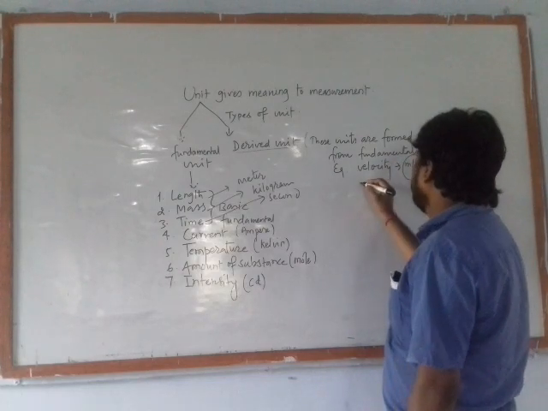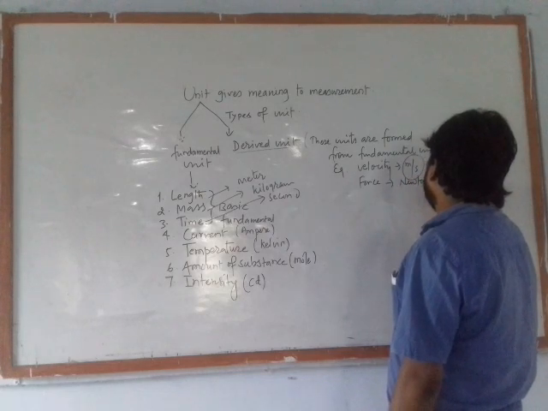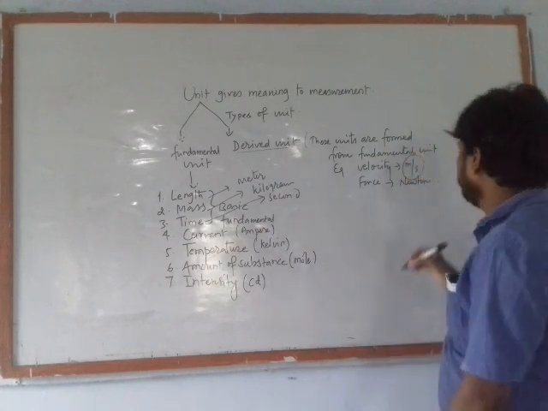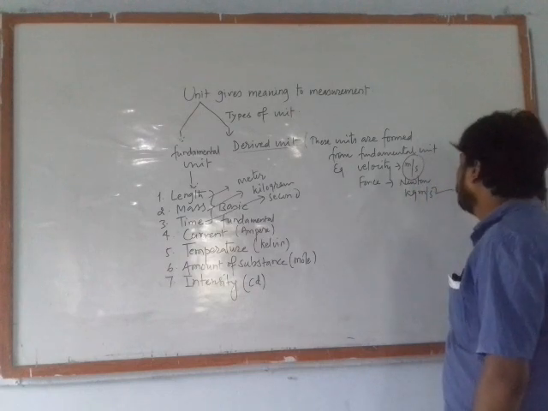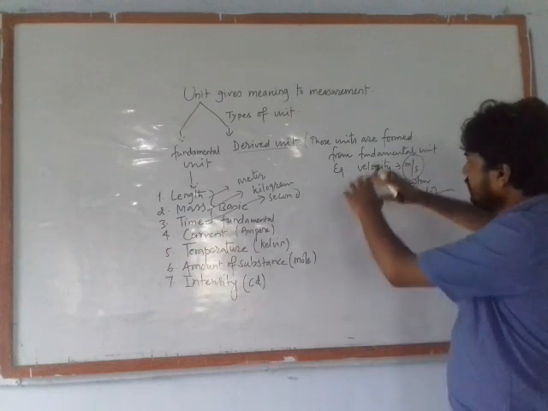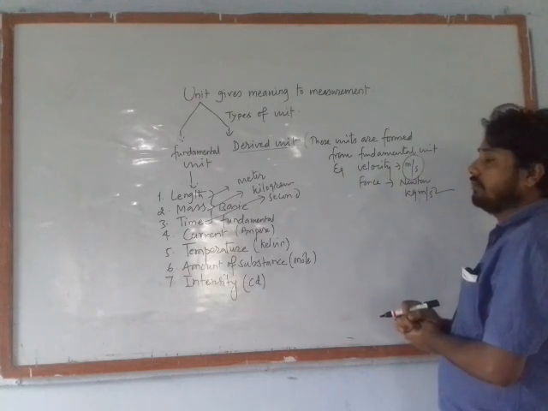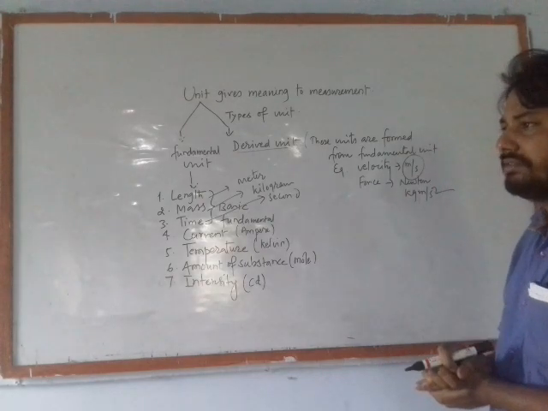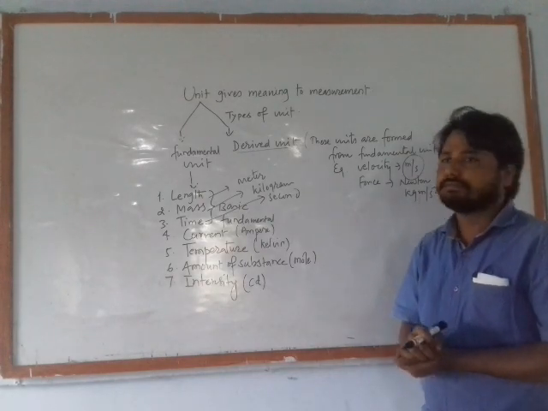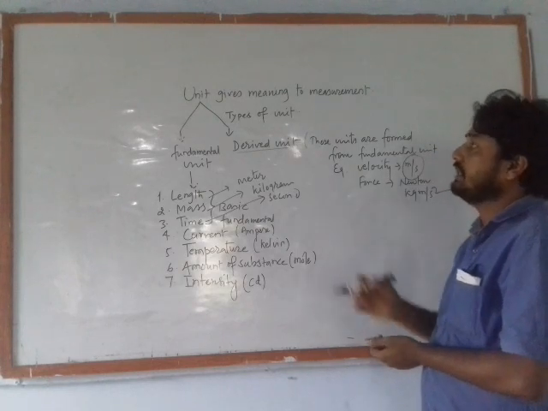Like force has Newton, or you can write kg meter per second square. So derived units are many units. Once we start to study physics, many physical quantities will come. Those quantities written in terms of their unit will be derived units.